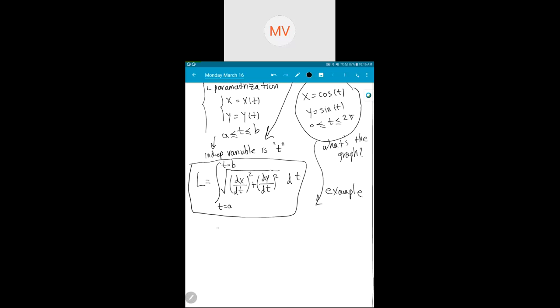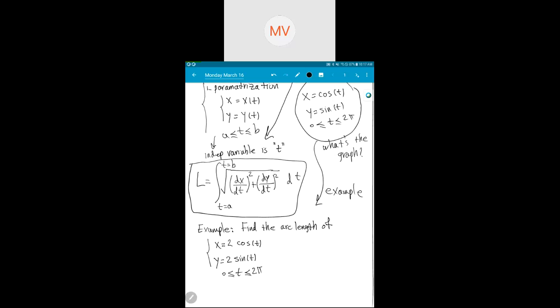Example. Find the arc length of x equals, and let's throw some radius in there, so let's say 2 cosine t, y equals 2 sine t, and let's go one complete revolution, 0 to 2 pi for t.